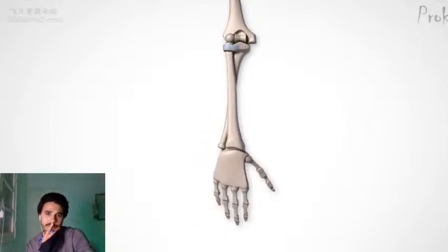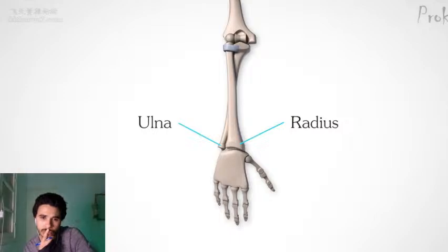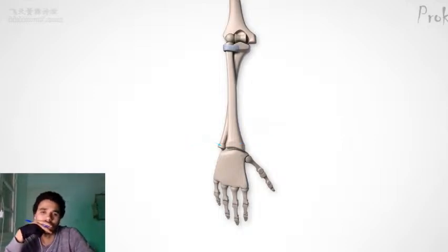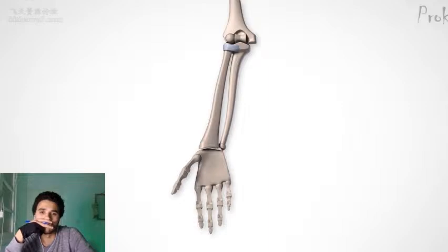During pronation, the base of the radius rotates over and around the head of the ulna. The ulna stays relatively still. Remember, the hinge joint at the elbow prevents the ulna from twisting. So all of that twisting happens at the radius.